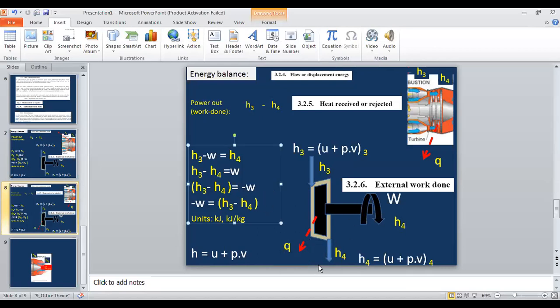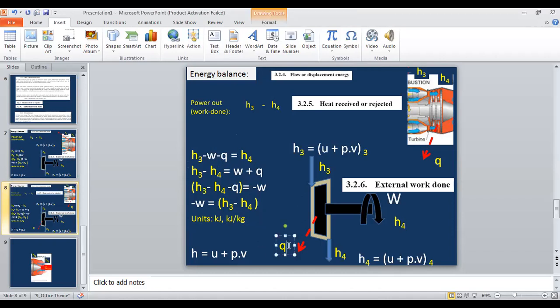Now, Q rejected. If not rejected, this helps for the work done. But now Q is rejected, minus Q. So W plus Q. It's minus Q. You have to take the Q into consideration.